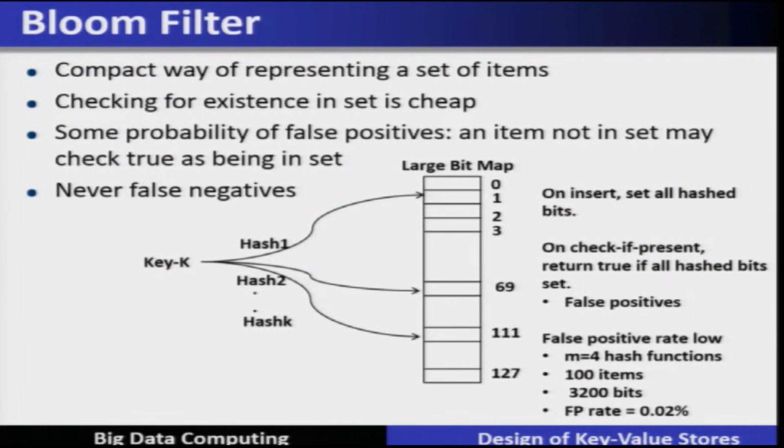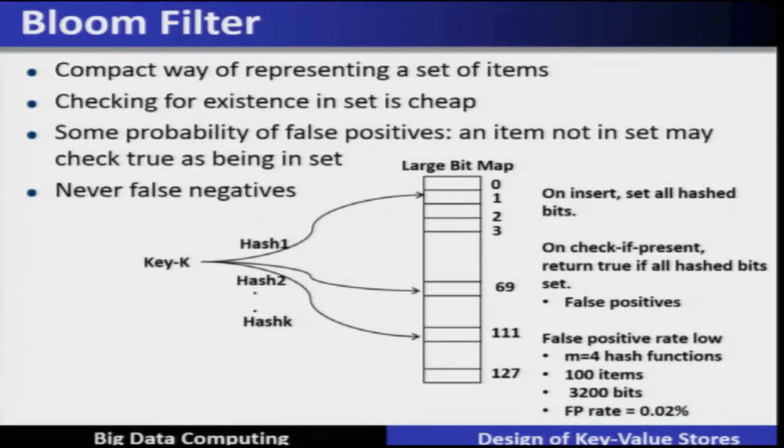Let us see what we mean by the Bloom filter, and how it enhances the efficiency of searching. A Bloom filter is a compact way of representing a set of items, and in this data structure, checking for the existence of an element in the set is cheap.